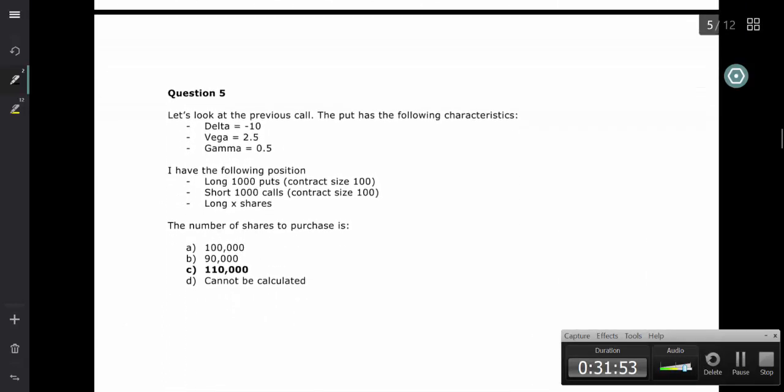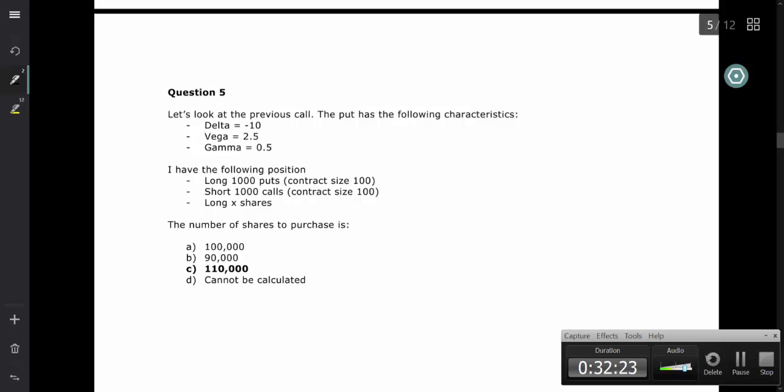Question 5. Now look at the previous call. There is a corresponding put to it, and the put delta is minus 10, and then you have the following position. You're long 1,000 puts and you are short call, so you are actually short, and then you need to hedge that synthetic short position.